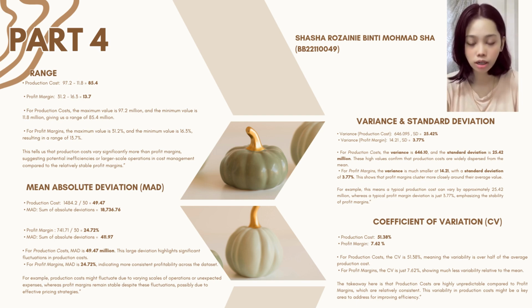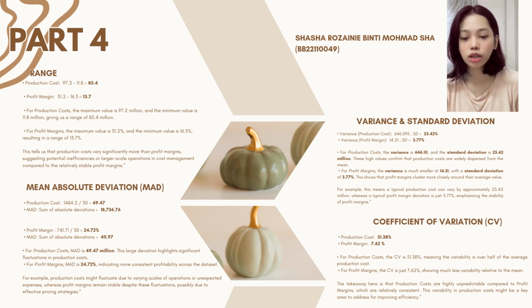For profit margin, MAD is 34.72%, indicating more consistent profitability across the dataset. For example, production cost might fluctuate due to varying scale of operation or unexpected expenses. Their profit margin remains stable despite this fluctuation, due to effective pricing strategy.